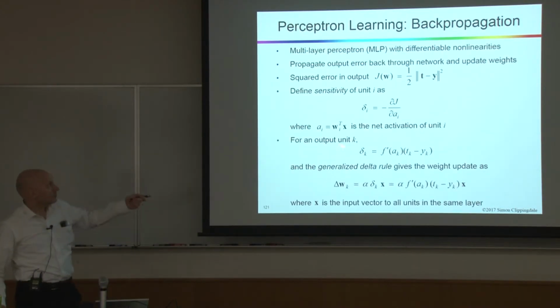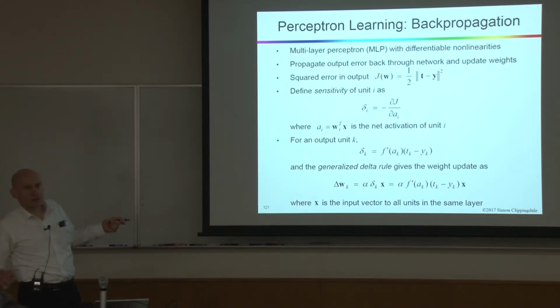For an output unit, a unit in the output layer, the most right-hand layer, the sensitivity is simply the derivative with respect to the activation, and you get this thing. So this is the slope of the nonlinearity in those output units at the particular activation value times the error in that unit's output. A thing called the generalized delta rule then gives the weight update.